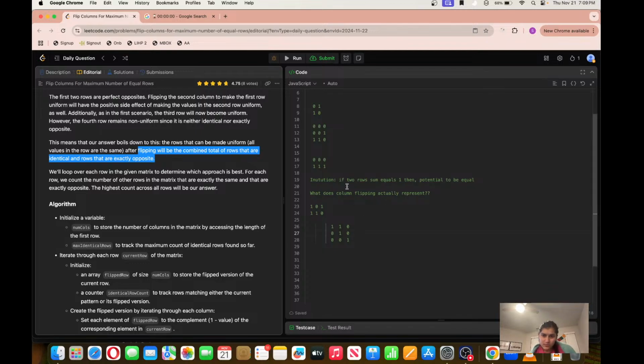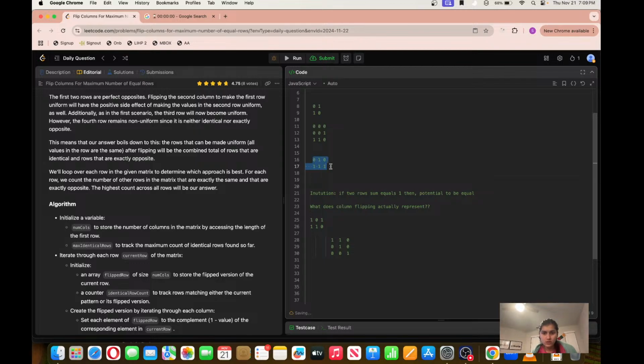Yeah, that's the intuition that I had in the beginning. Rows that are exactly opposite, right? So if they are exactly opposite, then their sum will be equal to 1. So suppose this is 1 0 and if it was 0 1, then it would be 1.